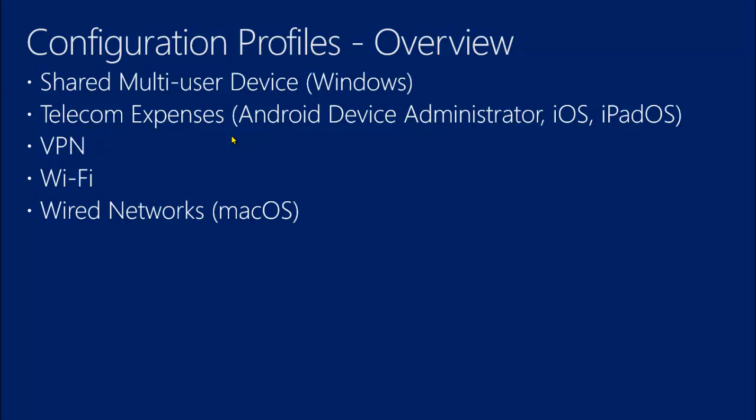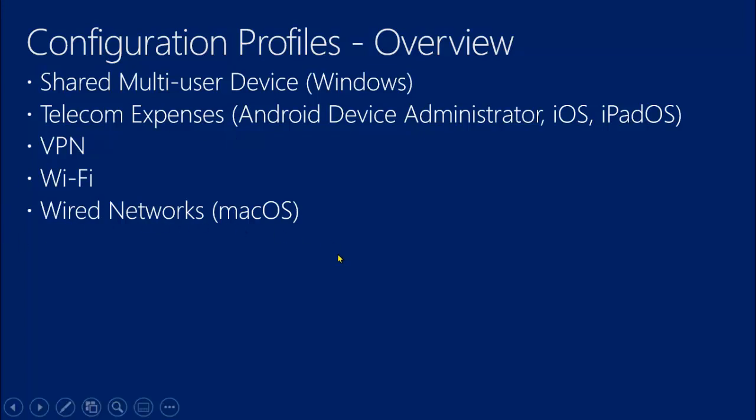One I did not put here, but I do intend to cover as a part of the series is Microsoft Tunnel, right? Which is an interesting way to deal with things. Shared multi-user devices. That's a Windows thing. We'll see how all of these work in. But the point of this is it is a huge area with many configurations, right?